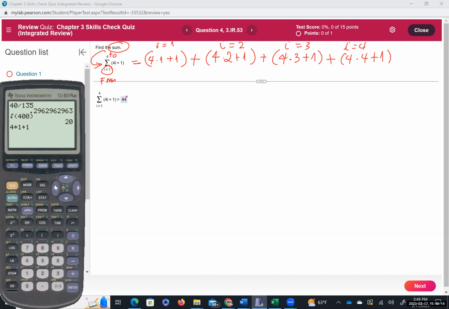Okay, you should have parentheses for each term. So 4 times 1 plus 1. And adding 4 times 2 plus 1.